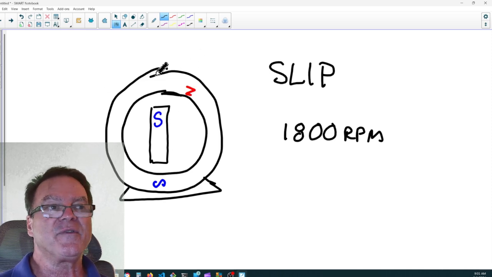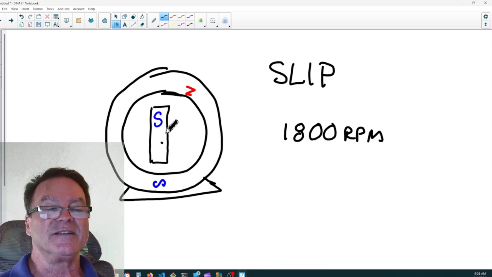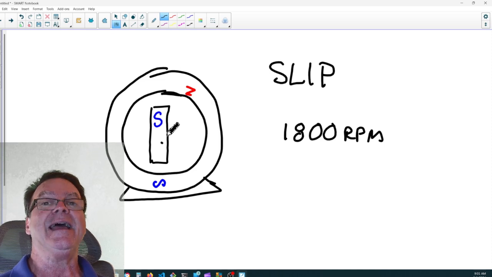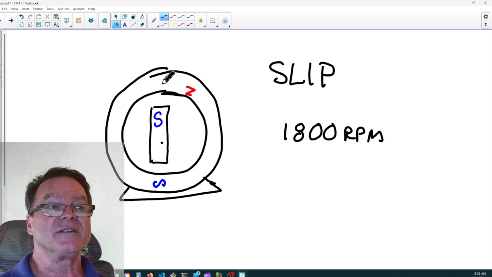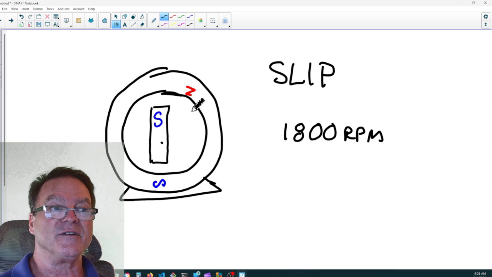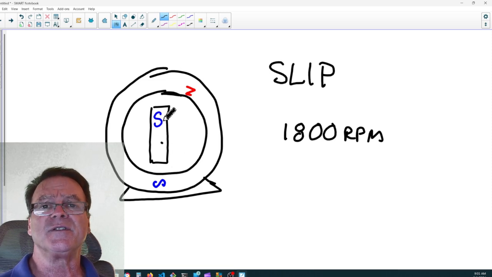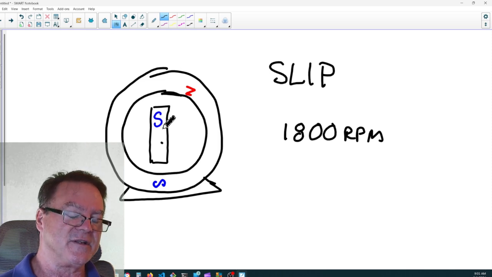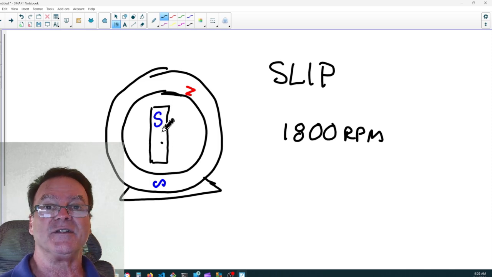I'm not talking about the synchronous motor. Remember, the synchronous motor is fed with DC, and it's the only one that is synchronous. It will be synchronous because the south and the north will join up and it'll continue to spin at that synchronous speed. The ones that are induction motors, the AC polyphase induction motors, they will not turn at synchronous speed.